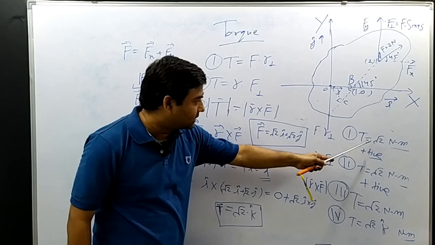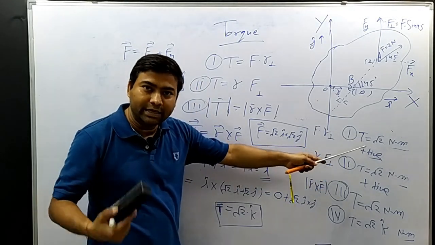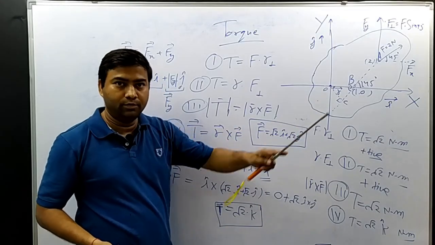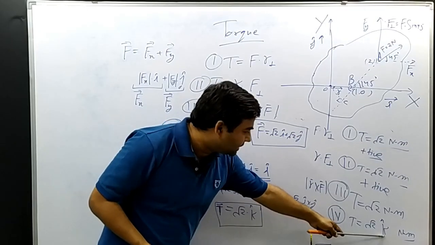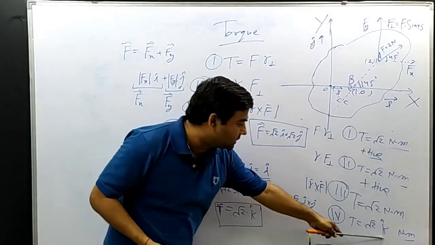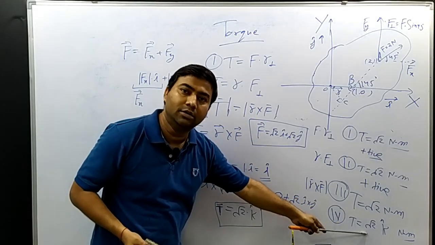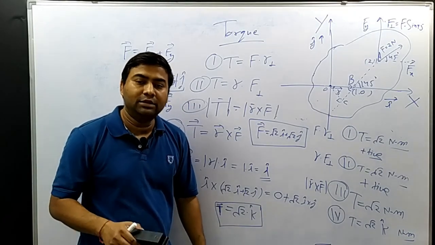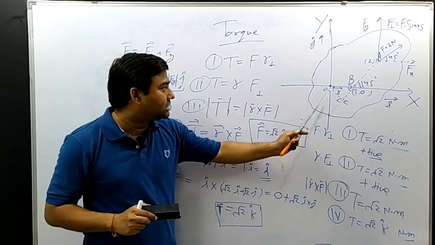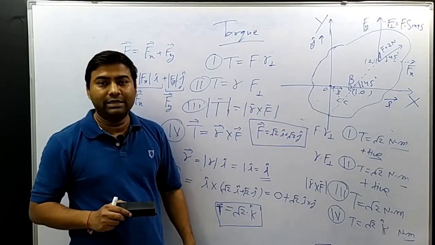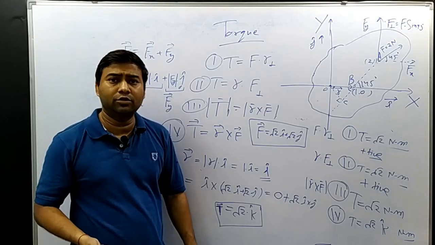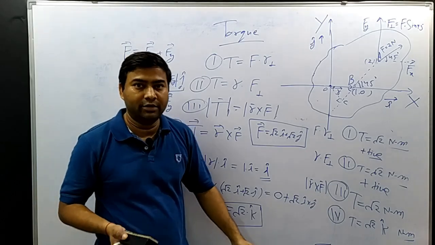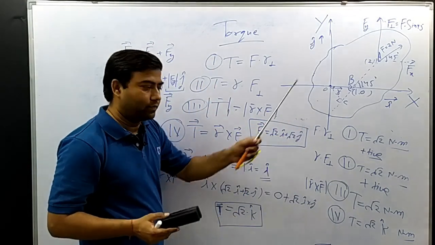So it is towards the viewer, or upward from this board, and the same representation in terms of ijk you can write like this, that is under root 2 k. That also denotes that torque has magnitude under root 2 and its direction is towards the positive direction of the z axis. Positive direction of the z axis means it is anti-clockwise. By convention, it is anti-clockwise.